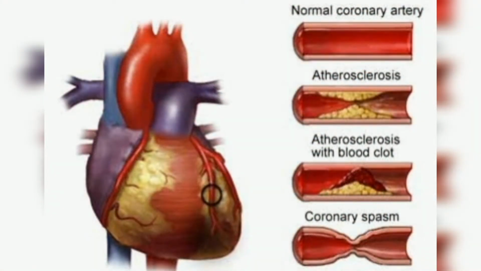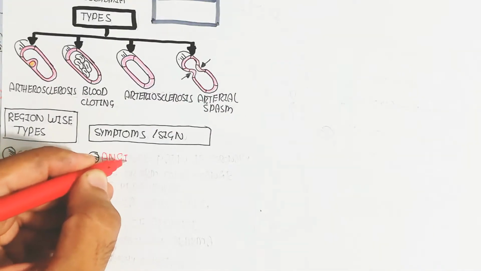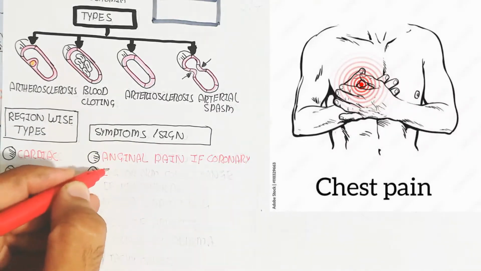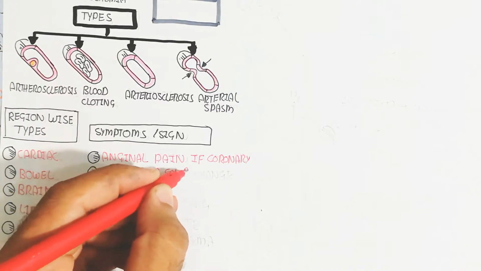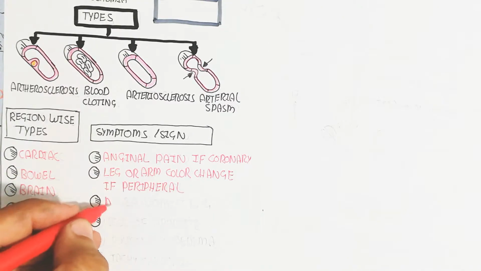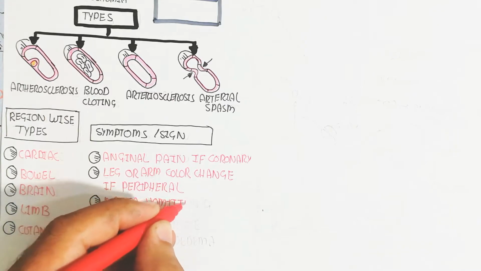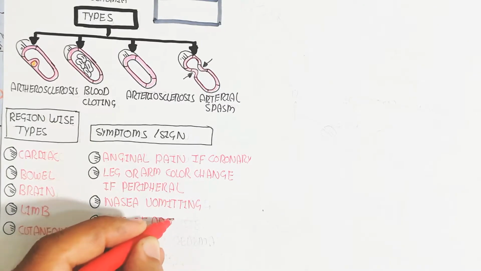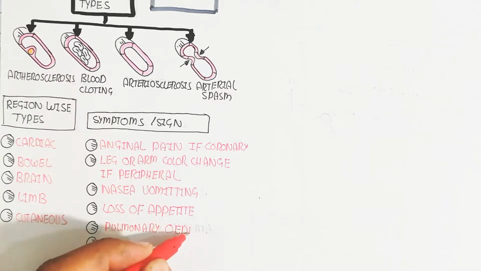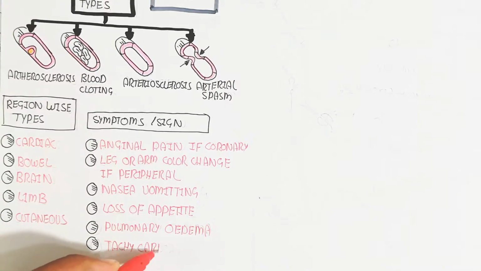So this is coronary ischemia: the normal coronary artery, arteriosclerosis or atherosclerosis with blood clot, and coronary spasm, as shown in the figure. You can understand. So in this way, the signs and symptoms are anginal pain, leg or arm color change if peripheral, nausea, vomiting, loss of appetite, pulmonary edema and tachycardia, which are all signs and symptoms of myocardial ischemia or peripheral ischemia.